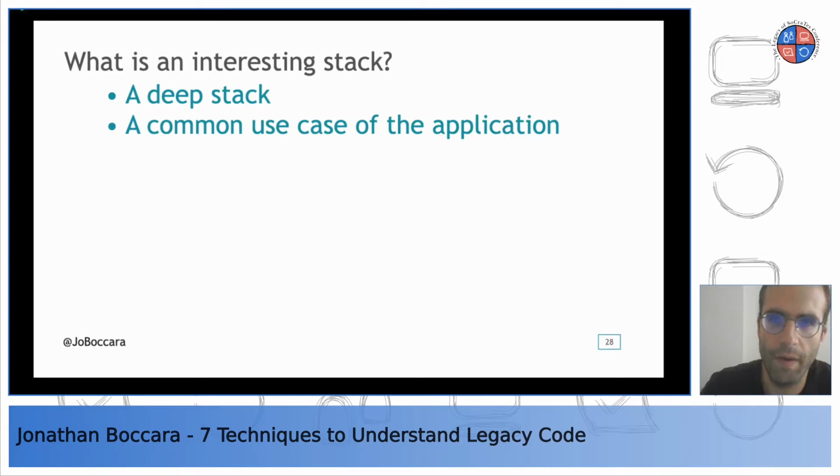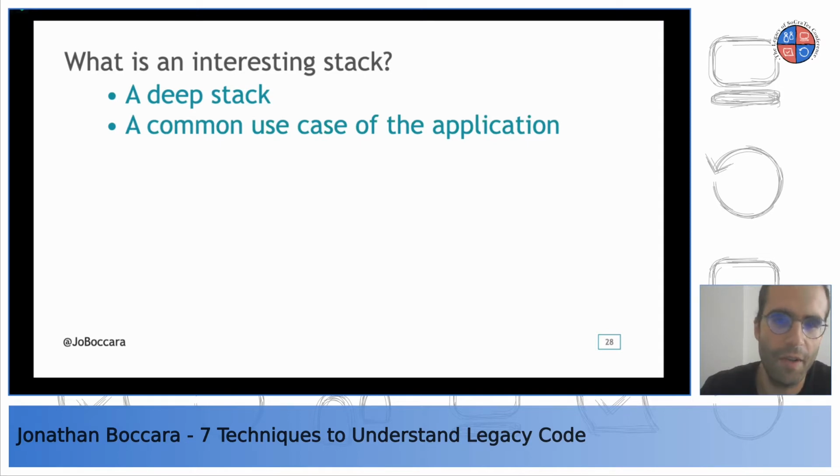Because if you're starting with a piece of software, you want to start with the basics, with the most common thing that the software does, right? That's why you want to have a view of a call stack of the common use case.